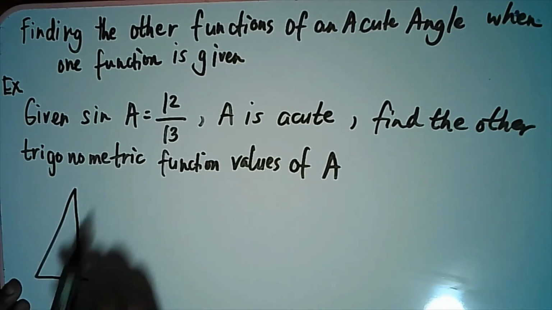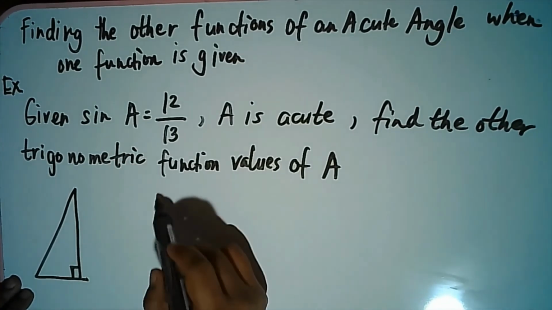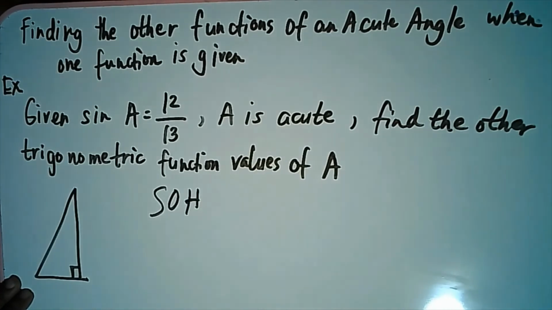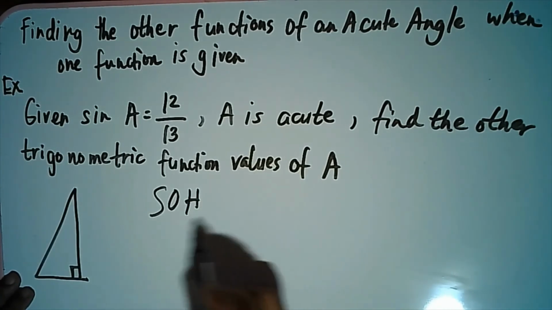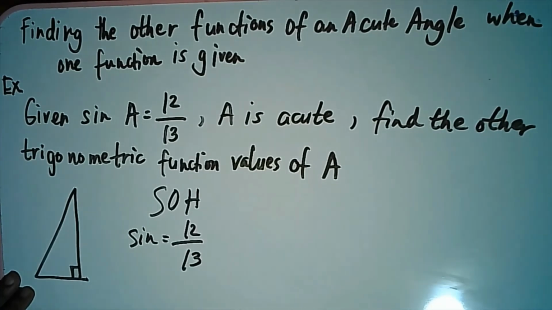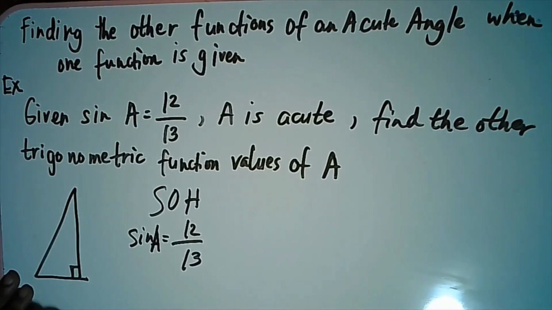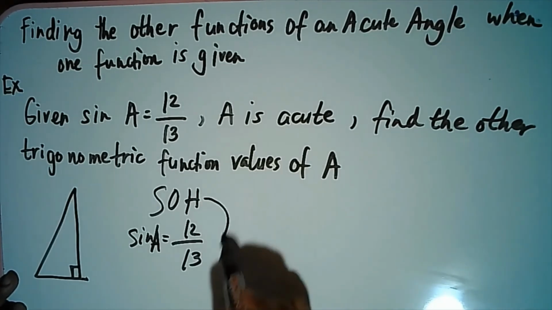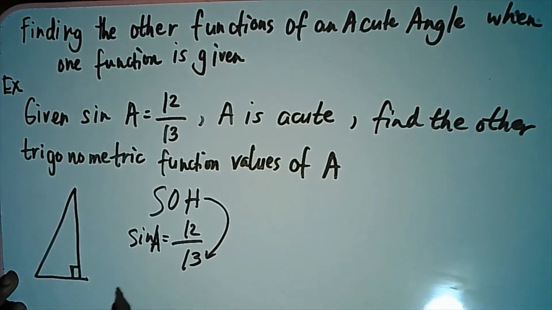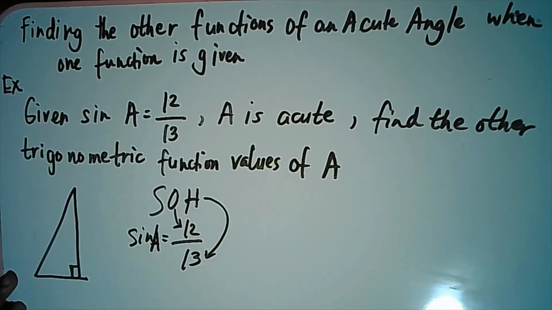So we know that sine A is equal to 12 over 13. So using the SO, sine A is equal to 12 over 13. So the hypotenuse here is 13 and the side opposite to A is 12.